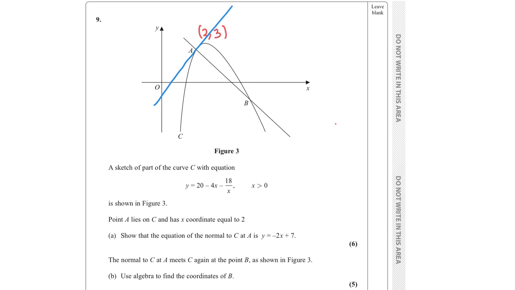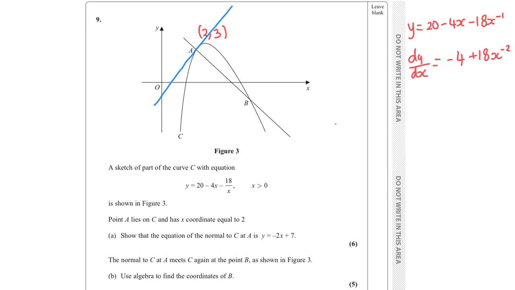Okay, so how do I find the gradient at this point? The gradient function, I need to differentiate. First of all, I need to put this in index form. So y equals 20 minus 4x minus 18x to the negative 1. If I differentiate this, 20 differentiates to nothing, minus 4x differentiates to minus 4, minus 18x to the negative 1 is plus 18x to the negative 2.